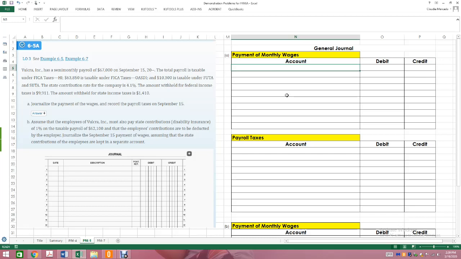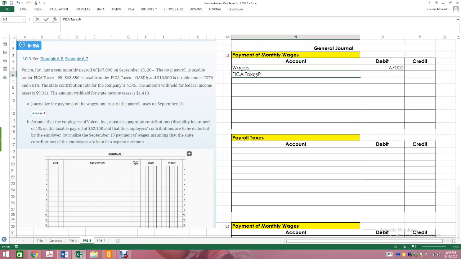So what do we need to do? We're going to record our wages. How much did our employees earn? Well, the problem says that your employees made $67,000. That is how much your wages expense is, $67,000. Now we need to deduct the FICA taxes and put them into our payable account.